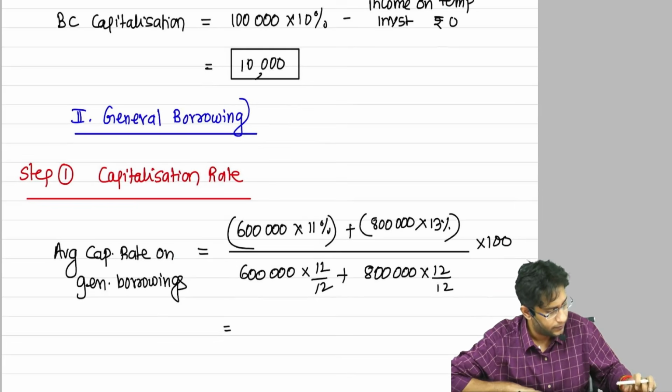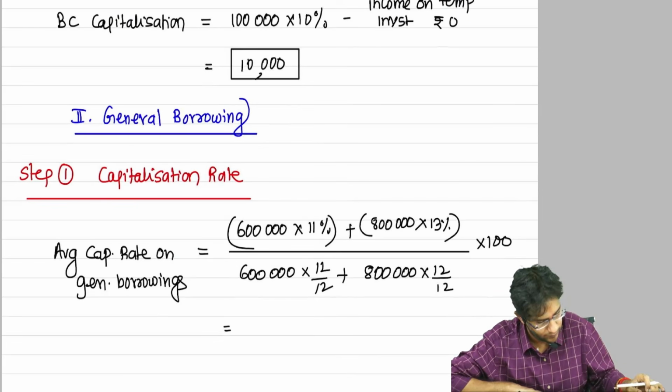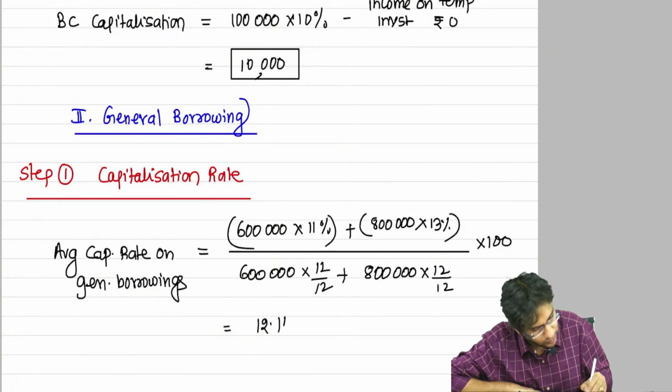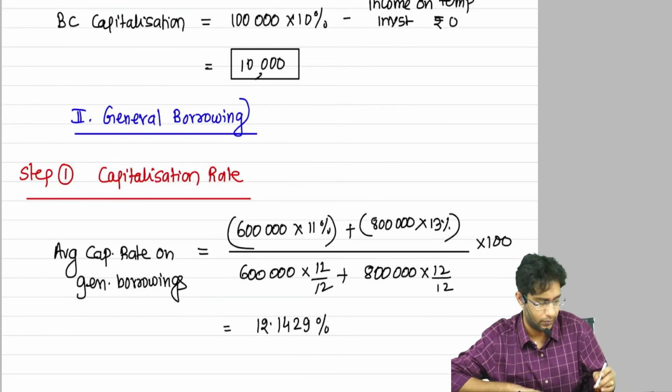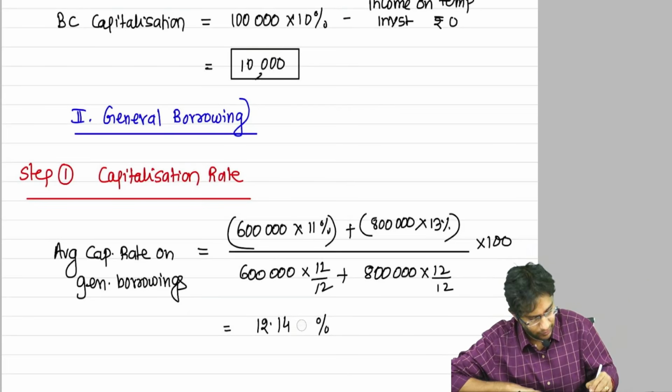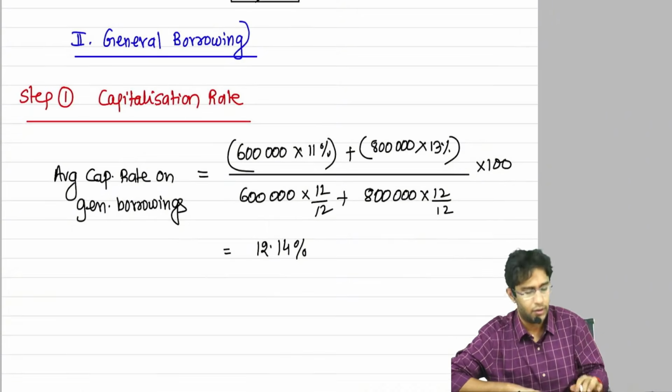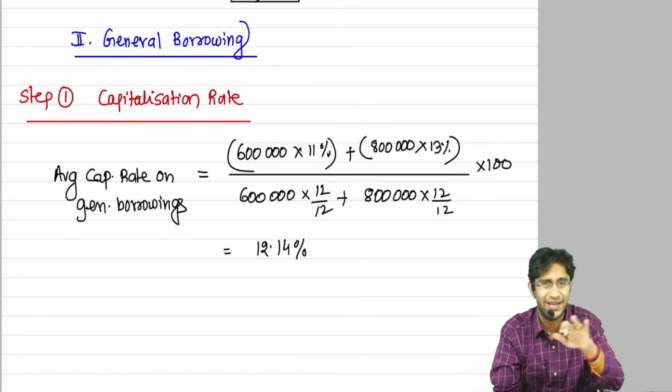So that would be 1 lakh 70 divided by 14 lakhs percentage. 12.1429%. Correct only. Or else just keep it 12.14, just like in the question they did. This is how you do it, sir. Okay, step number 1 is sorted.